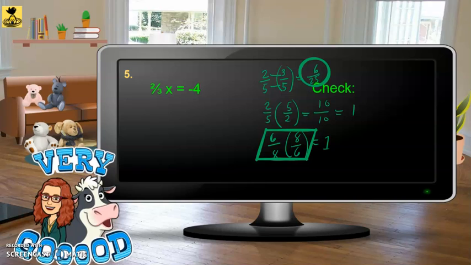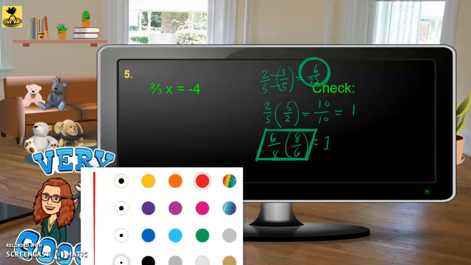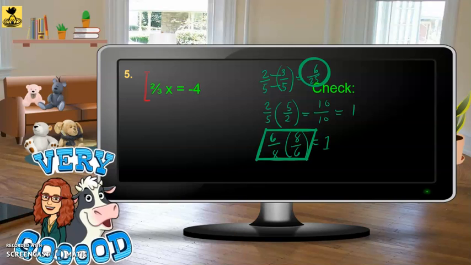So we will apply the same concept here. We need to multiply both sides of the equation by the reciprocal of 2/3, which is 3 halves. Both sides. Because 2/3 times 3 halves is just equal to 1, right?